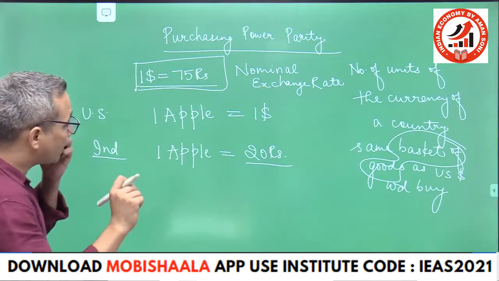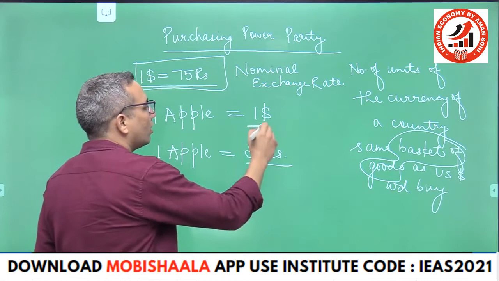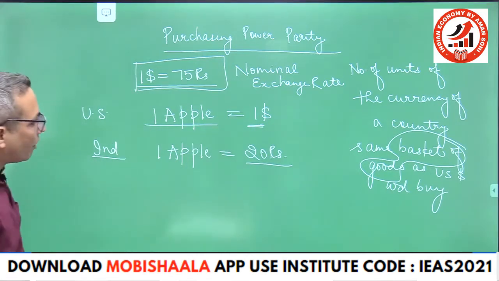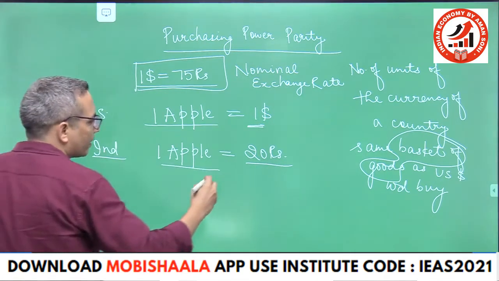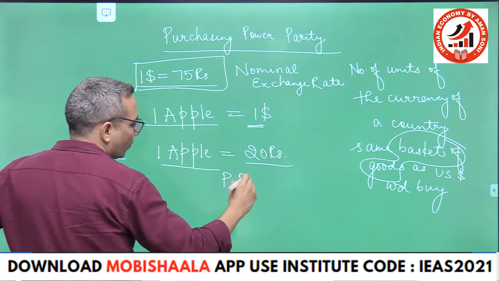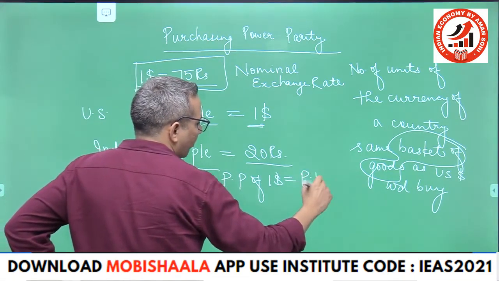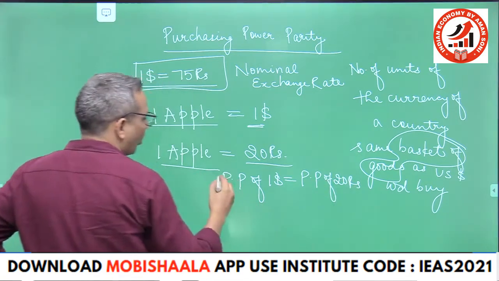So now you see this. What is the purchasing power of $1? The purchasing power of $1 is one apple. And what is the purchasing power of 20 rupees? It's also one apple. So can I say the purchasing power of $1 is equal to the purchasing power of 20 rupees?